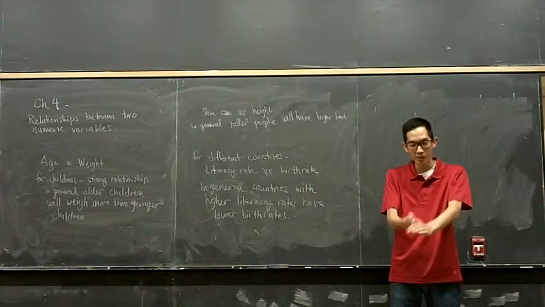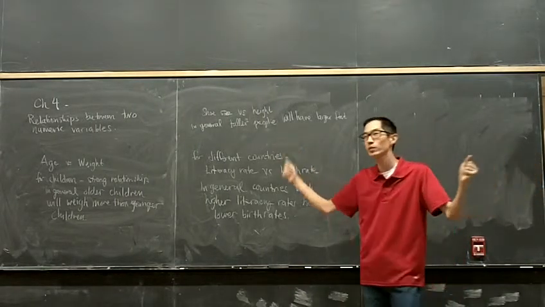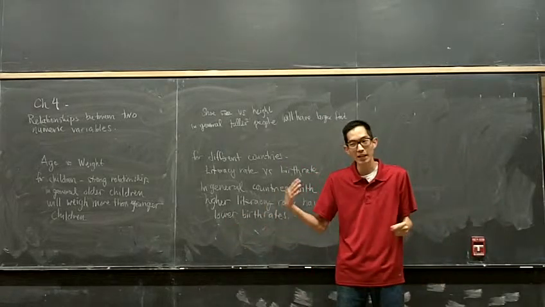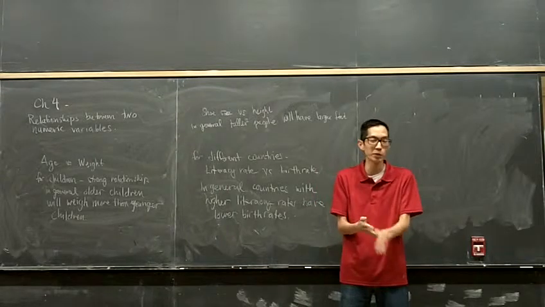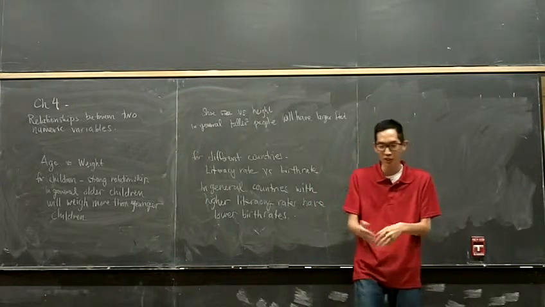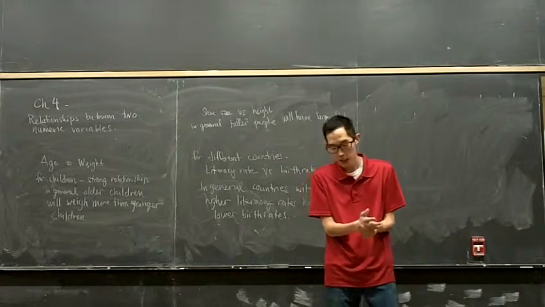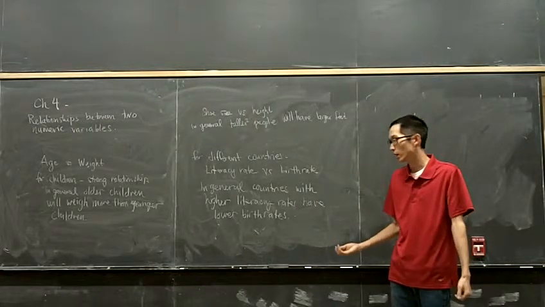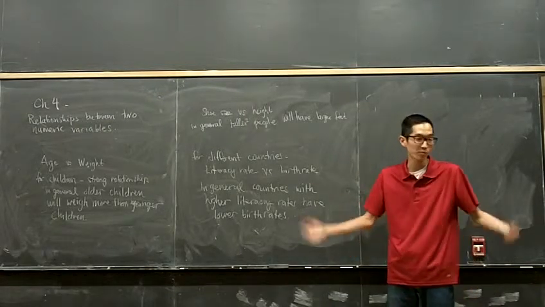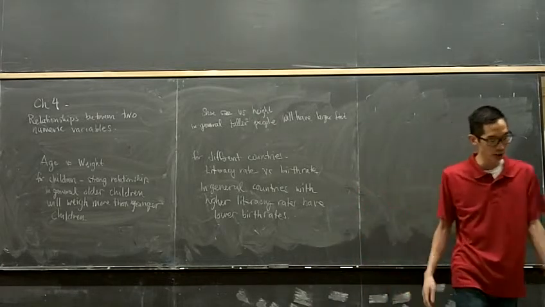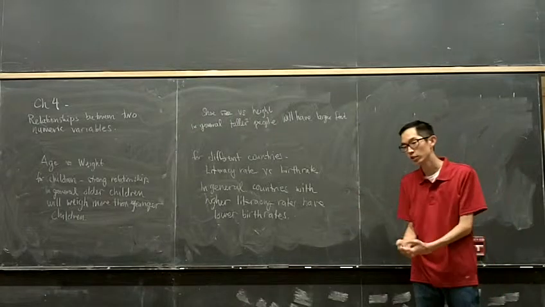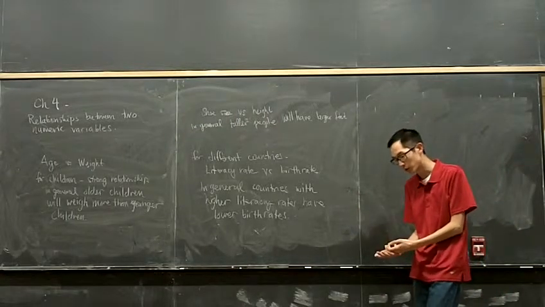Countries that have low literacy rates, meaning not much of the population is able to read or write, generally have higher birth rates. They have more children. And countries where the literacy is high, in general, have lower birth rates.